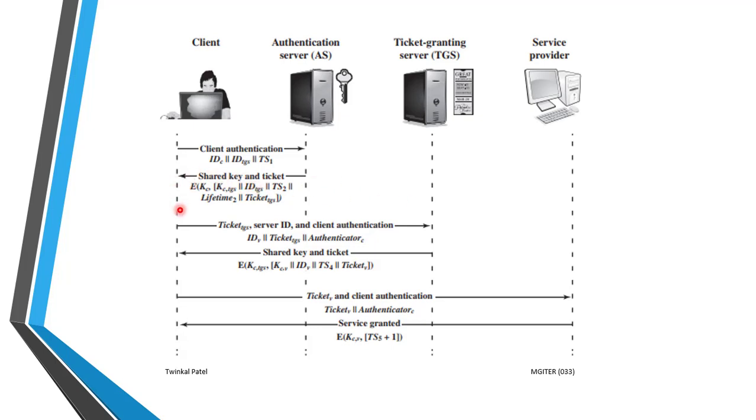After that, the client will send the ticket of the TGS and the requesting server ID to the TGS, and then the TGS will provide the application service provider ticket and the shared secret key between the client and server to the client. Then the client will give the service provider ticket and the authenticator to the service provider, and if the authentication is successfully done, then the service provider will grant the service to the client.